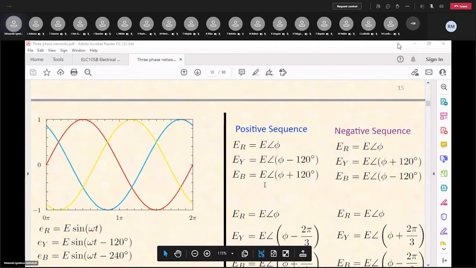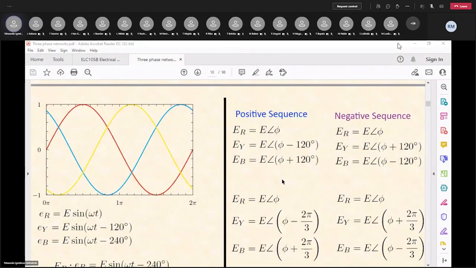Now, there's a very important thing that we need to learn, which is what we call a sequence. These voltages are not at random, right? What do I mean they are not at random? I mean that there is a particular sequence in which they are following each other.